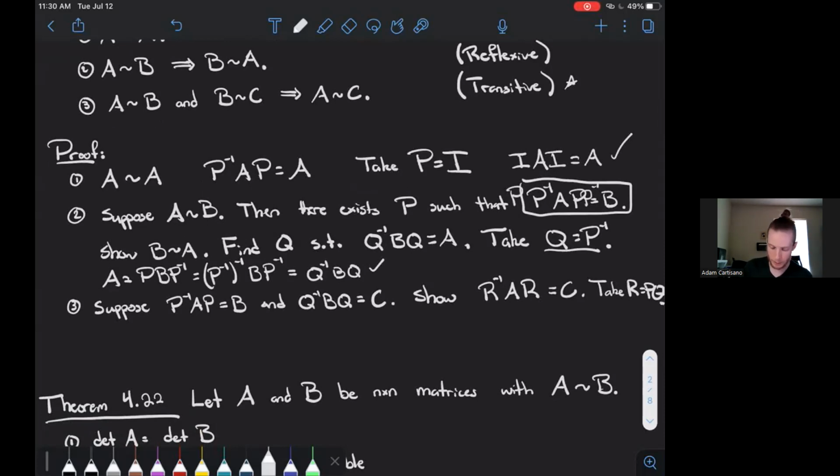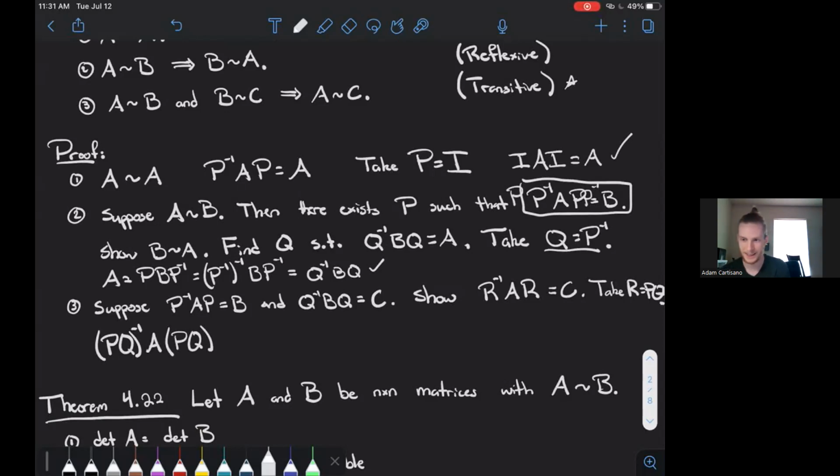So now we want to compute what is PQ inverse A PQ. We want to show that this is equal to C. If this is equal to C, notice PQ is definitely an invertible matrix. It is the product of two invertible matrices. So its inverse exists.